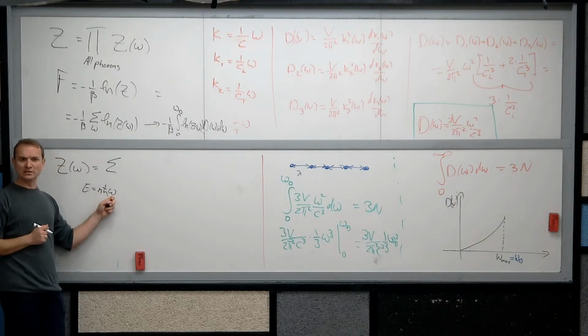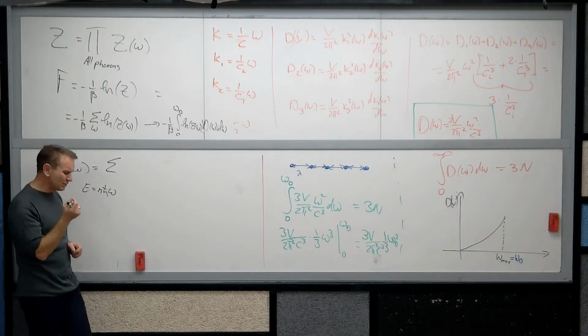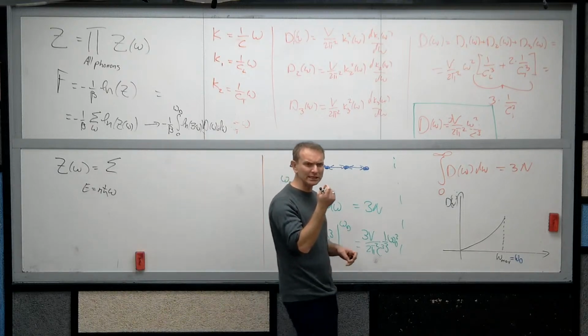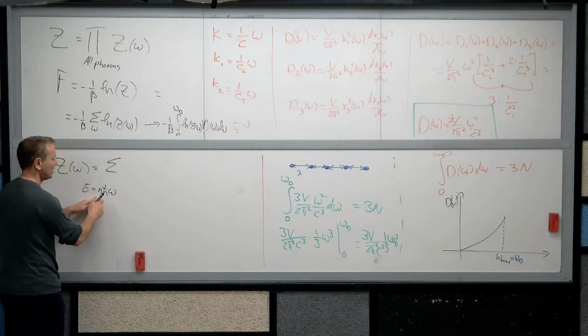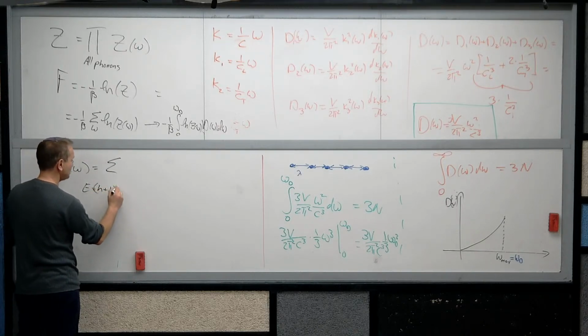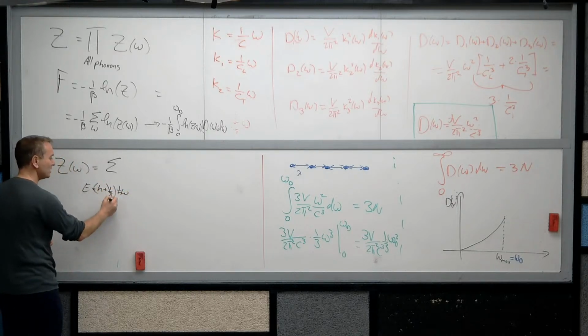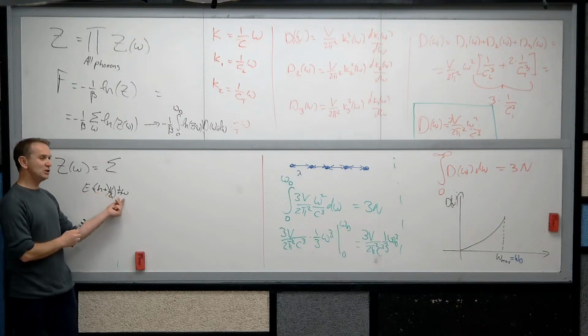Remember how we solved the Einstein model? This is the idea of the photoelectric effect. What is a particle? It's a harmonic oscillator, and a harmonic oscillator's energies are described by n plus 1/2 times h bar omega. We omitted this 1/2 over here, and we have a number multiplied by h bar omega.